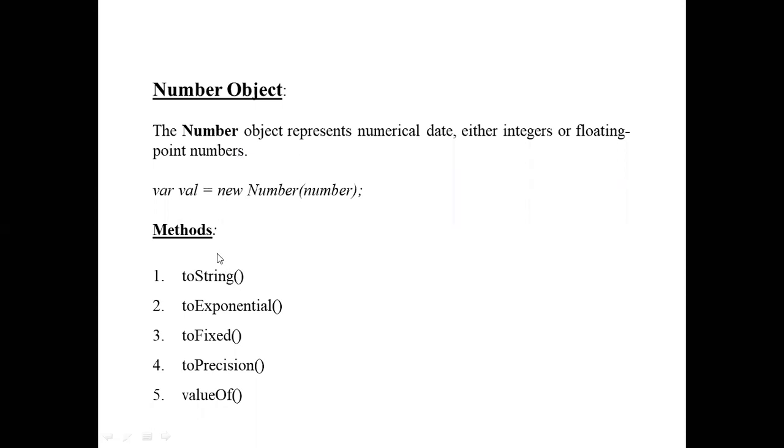These are the different methods on the Number object. toString returns the number as a string. toExponential returns the number rounded and written in exponential notation. toFixed returns the number with the specified number of decimals. toPrecision returns the number written with the specified length. valueOf returns the number as a number.